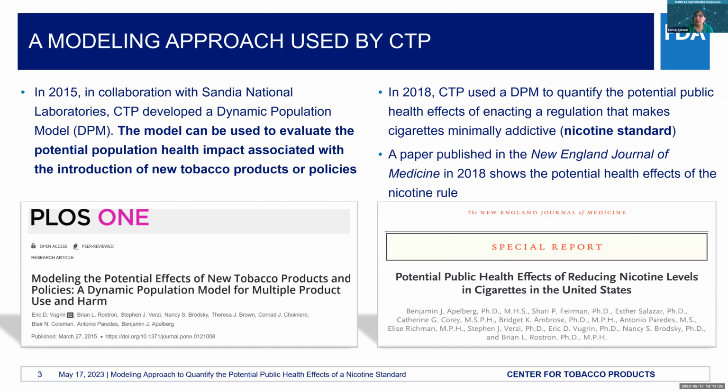A detailed description of the dynamic population model approach, including model evaluation and validation, with an analysis intended to examine the effects of the introduction of a hypothetical new tobacco product in the marketplace in the US, was published in the PLOS ONE journal in 2015.